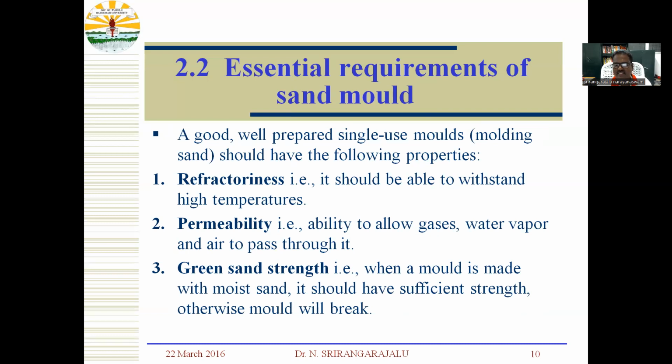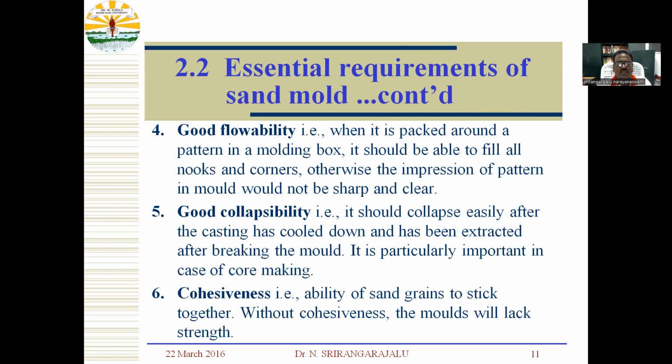Green sand strength, that is, when a mold is made with moist sand, it should have sufficient strength, otherwise the mold will break. Good flowability, that is, when it is packed around a pattern in a molding box, it should be able to fill all the nooks and corners, otherwise the impression of the pattern in the mold would not be sharp and clear.